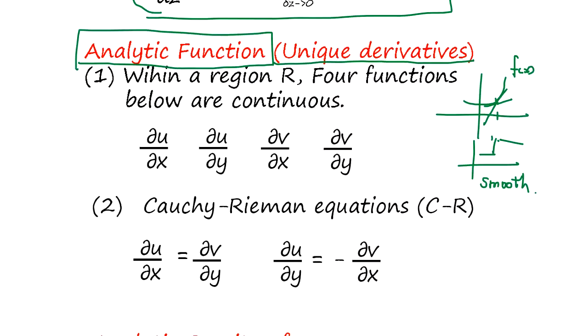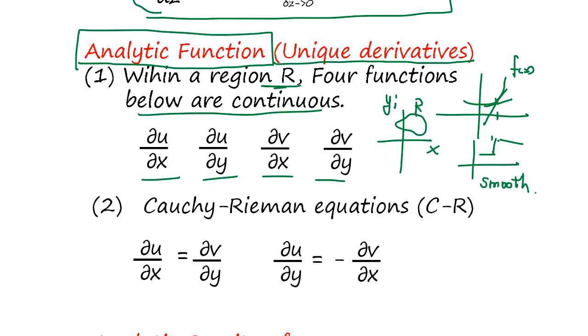There are two conditions for that. Within a region R, you take x, y, u, v, and the four functions below are continuous. This is continuous. Okay. Then the Cauchy-Riemann equation. I'm not sure how to read this Cauchy.